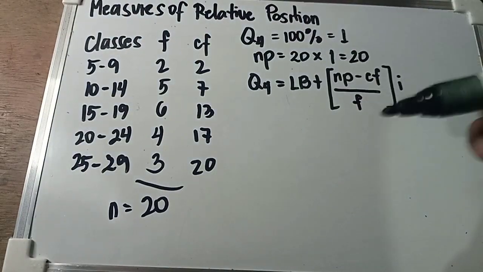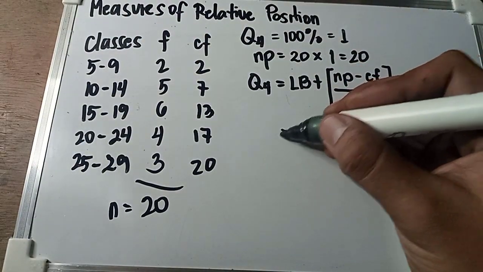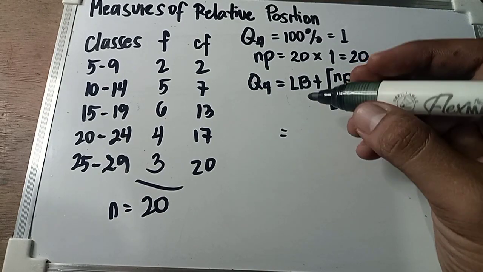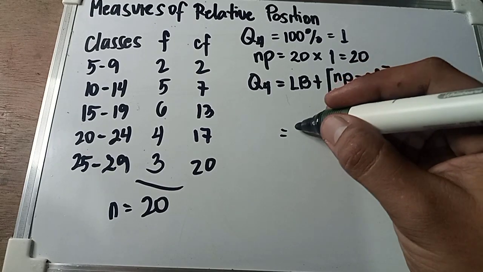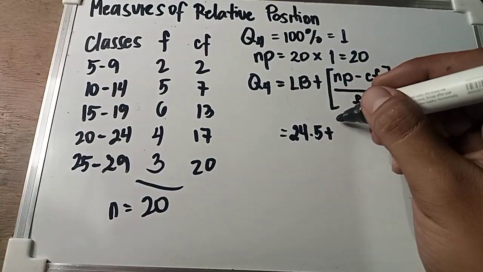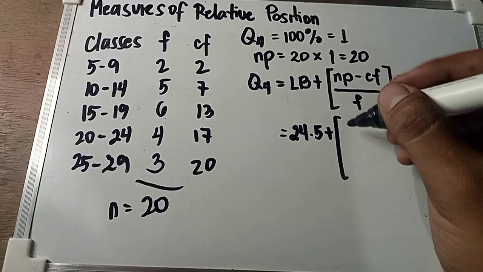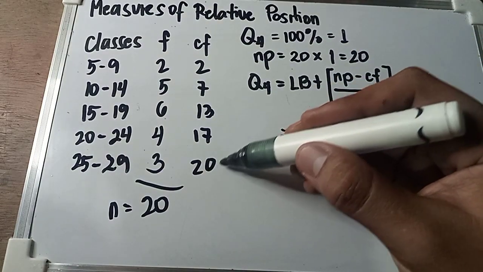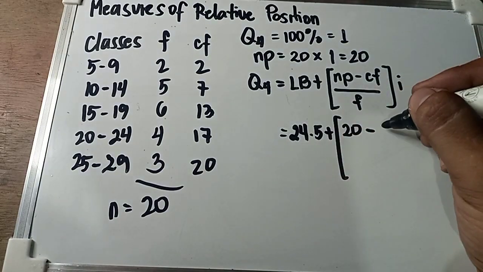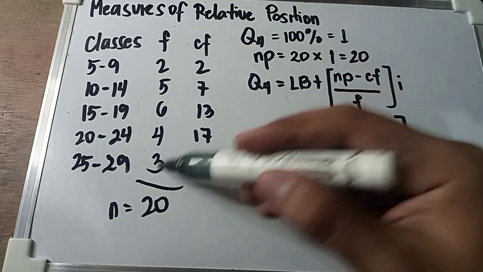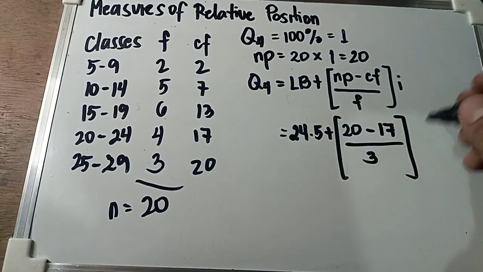Just like the median, kukunin mo yung kanyang lower boundary. So ang lower limit natin is 25. Mag-minus ka dun ng 0.5, that will be 24.5, plus the product, bracket: 20 yung NP mo, minus the less than cumulative frequency, 17, over 3, yung katapat ni 20. So the interval is 5.